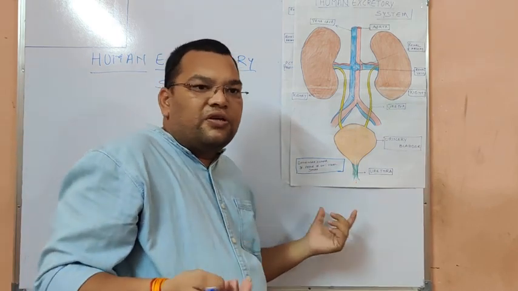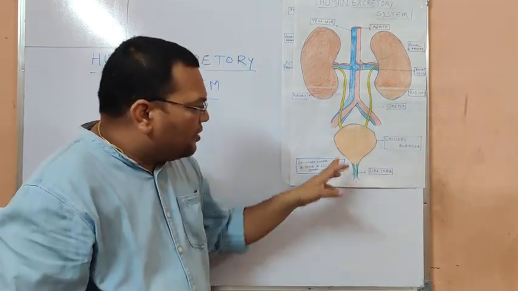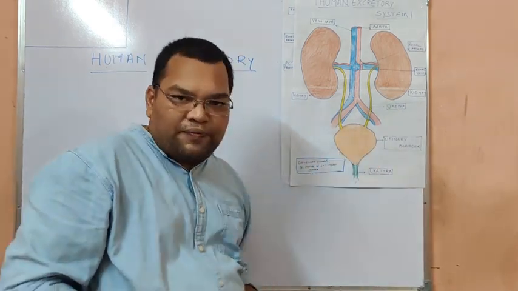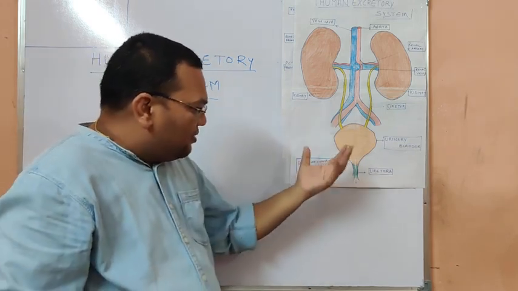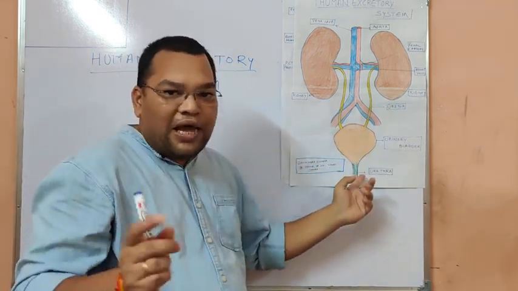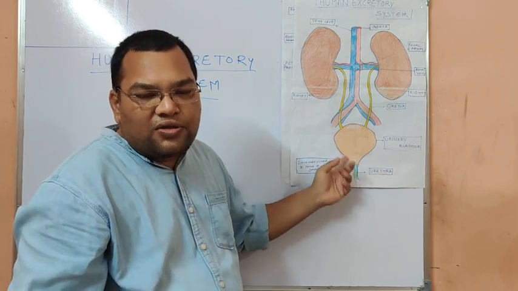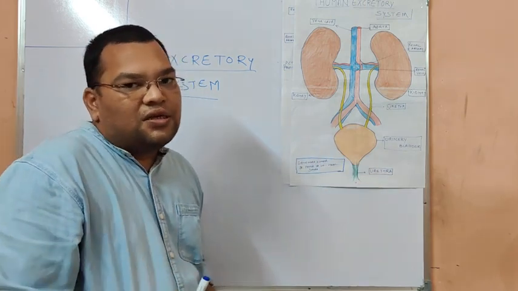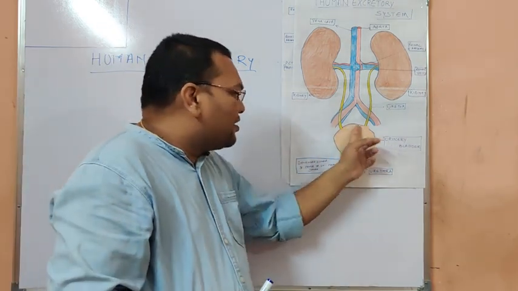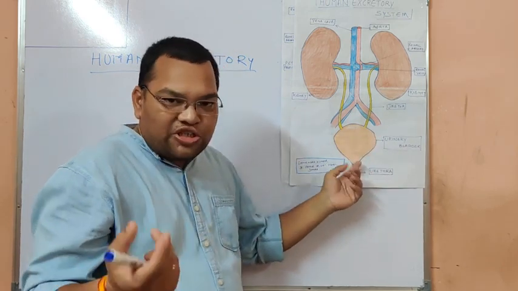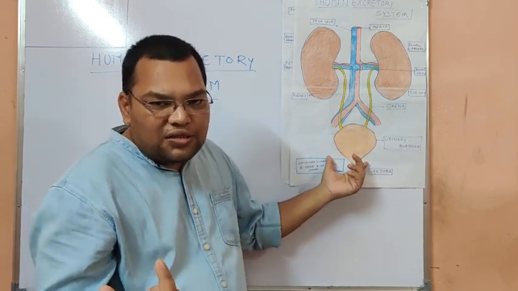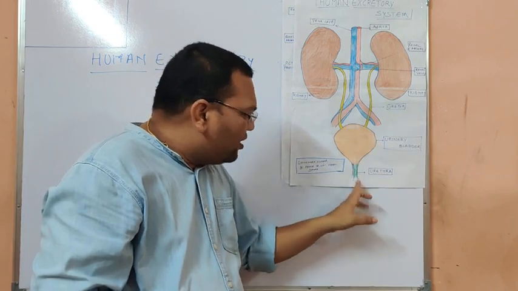Where is the urine stored in our body? The answer is the urinary bladder. This is a muscular bag, made up of muscles. When pressure occurs in these muscles, the urine passes out through the urethra.